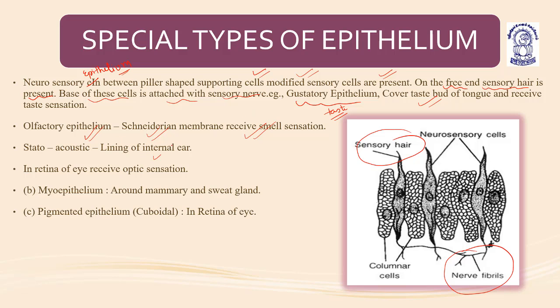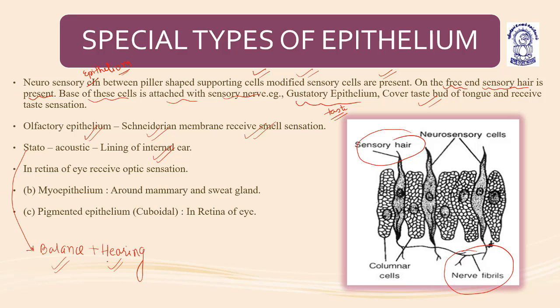Statoacoustic lining of the internal ear is also a neurosensory epithelium. Stato means balance, and acoustic means hearing. The ear basically works as a balancing organ as well as the hearing organ.